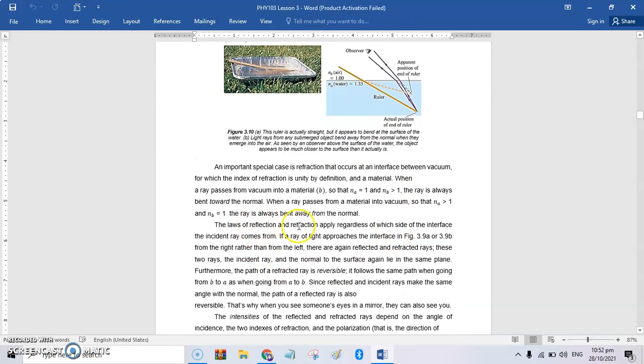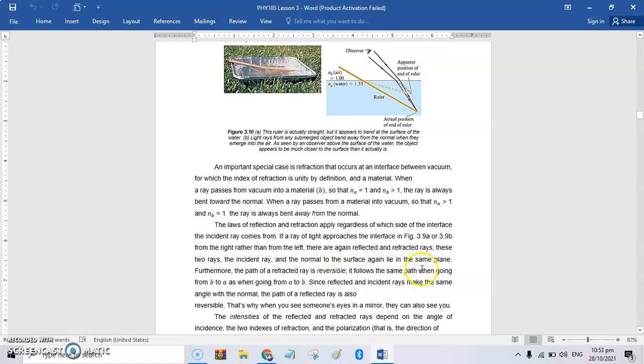The laws of reflection and refraction apply regardless of which side of the interface the incident ray comes from. If a ray of light approaches the interface, like in figure 3.9a or 3.9b, from the right rather than from the left, there are again reflected and refracted rays. These two rays, the incident ray and the normal to the surface, again lie in the same plane. Furthermore, the path of a refracted ray is reversible.